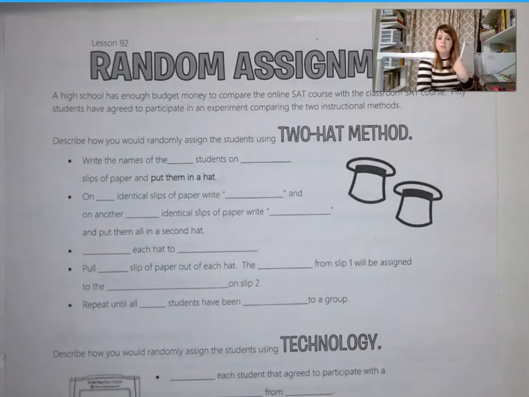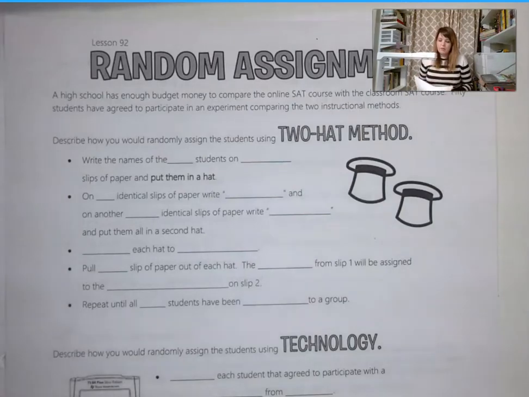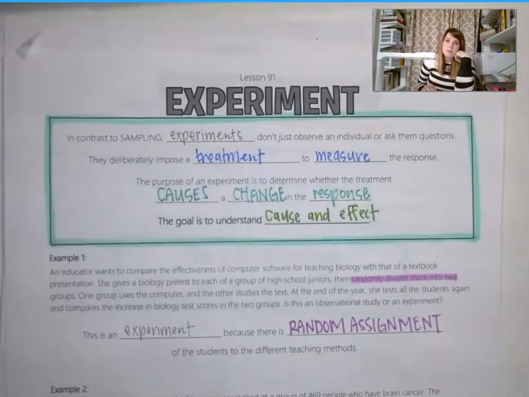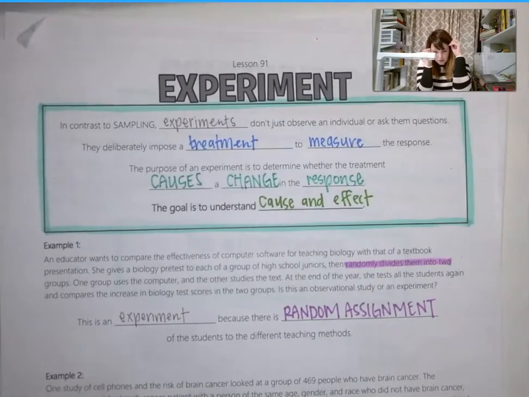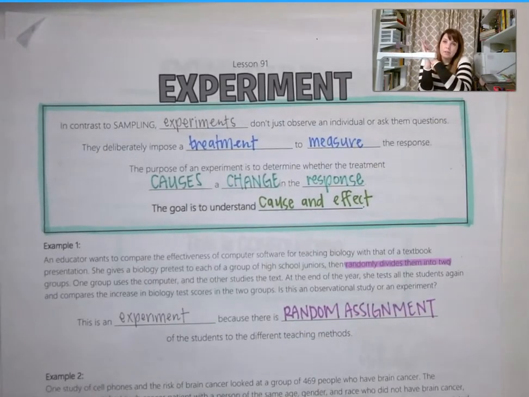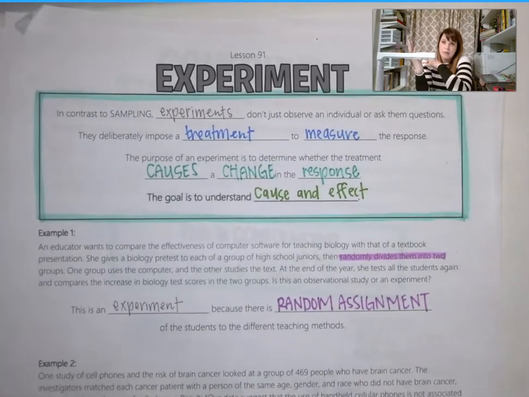It's on random assignment. Where we're coming from is experiments and confounding. So we have just talked about how the biggest distinction between sampling and experiments is that sampling has random selection, so you randomly select the individuals in your sample.